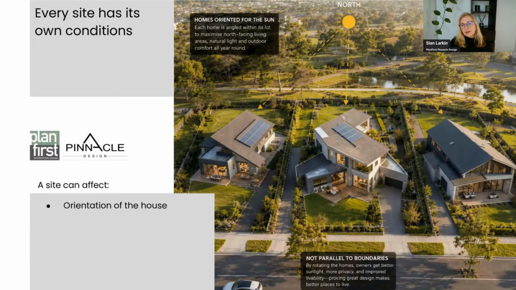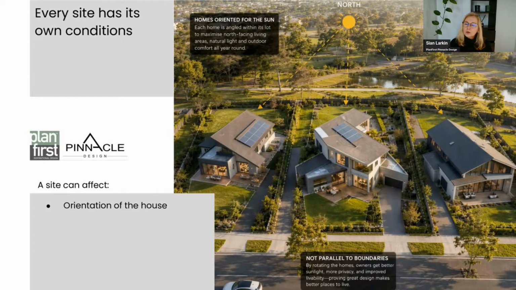Then every site has got its own conditions, and what can affect the site is the orientation of the house. Now, often we see houses are built parallel to their boundaries. And this is something that I really don't like to see, because no thought has gone really into the orientation of the house.